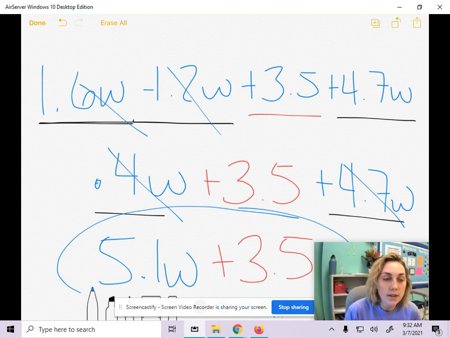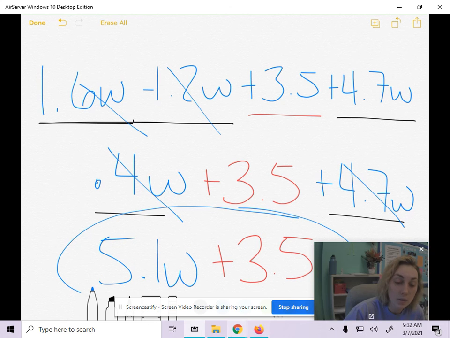So again, we combined our like terms starting from left to right. We subtracted 1.6 w by 1.2 w, and then we took that answer and we added it by 4.7 w, and then 3 and 5/10 just kind of came along for the ride because it couldn't get combined with anything, so it had to be in our final answer as well.